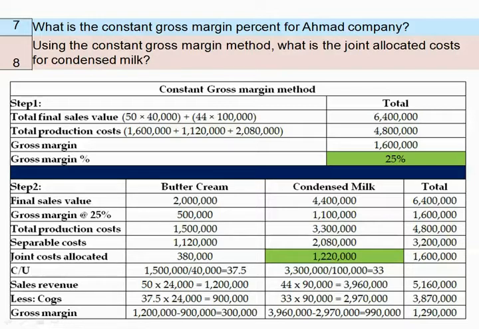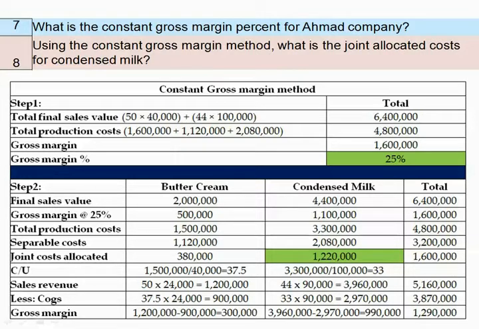Total production costs equal 1,600,000 joint cost plus 1,120,000 separable cost for the first product plus 2,080,000 separable cost for the second product, with total 4,800,000.